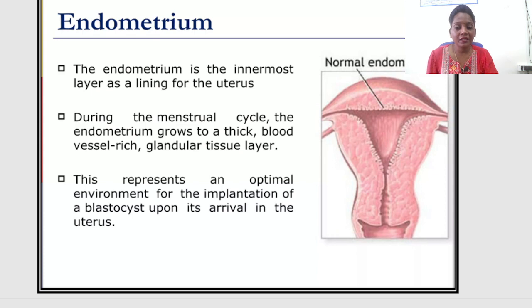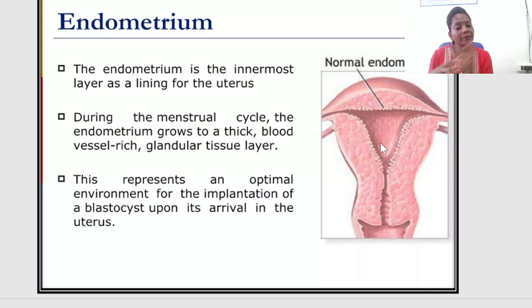So here I can say the endometrium is like a fertile land where the seed will come and implant. If the fertile land is good, the seed will also grow well. If the endometrium is thin and doesn't have a good vascular structure, it is not a fertile land.